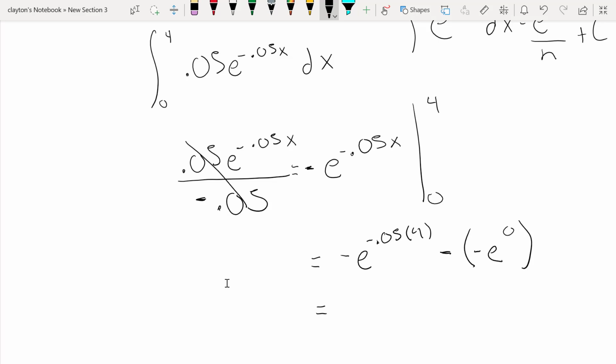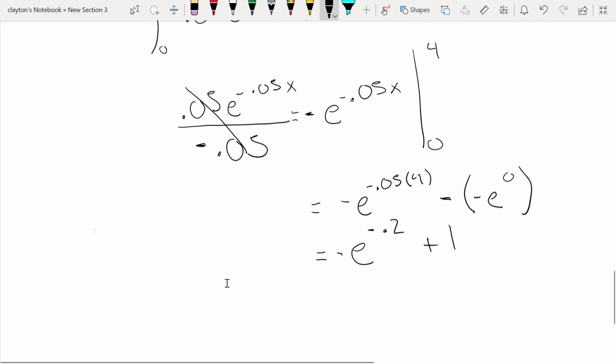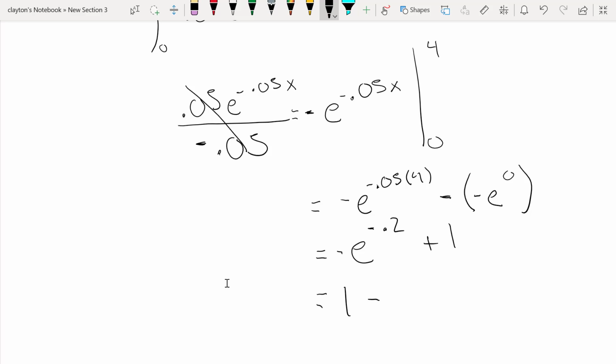And so this ends up being, if I simplify, negative e to the negative 0.2 plus 1. Or in other words, we can rewrite this as 1 minus e to the negative 0.2. So I'll do that on my side here, and then I'll show, right, we can obviously plug this whole thing into the calculator as well, if that is a method you can use.